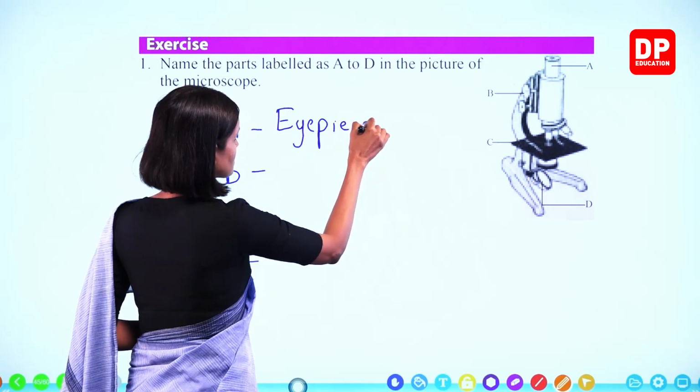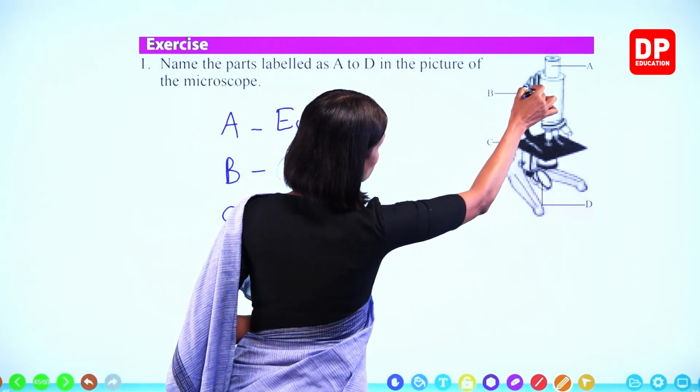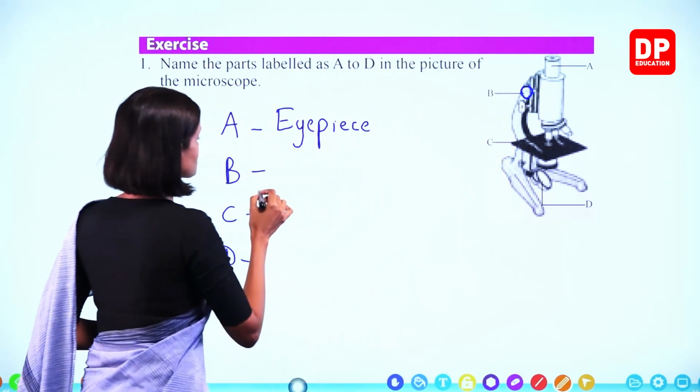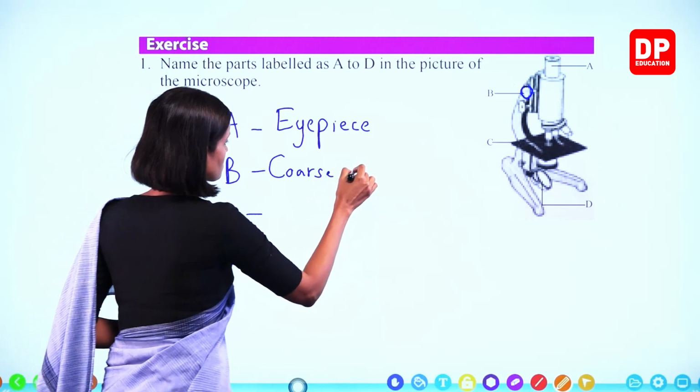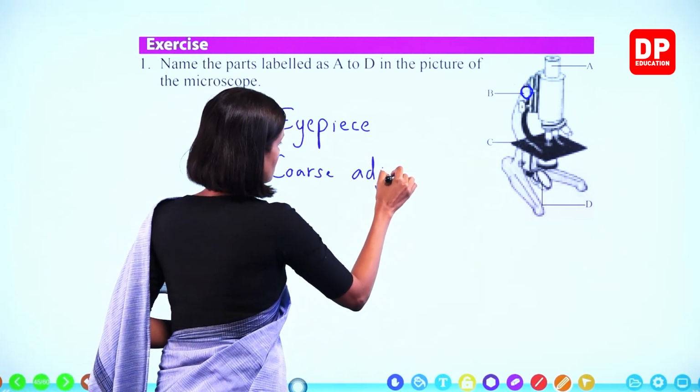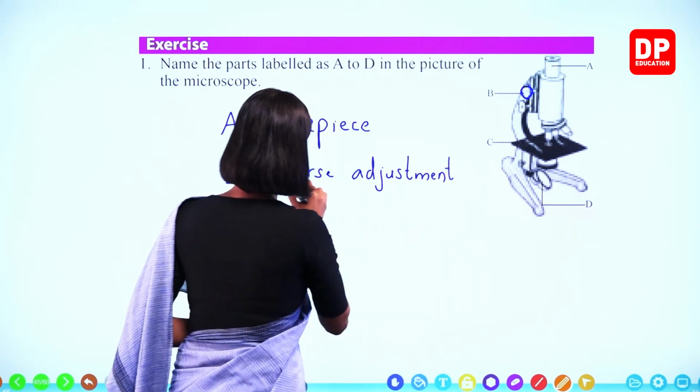B is here, you all can see if you observe carefully, coarse adjustment knob.